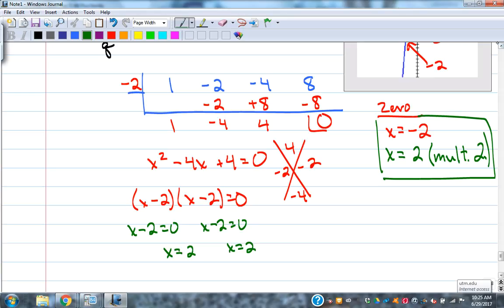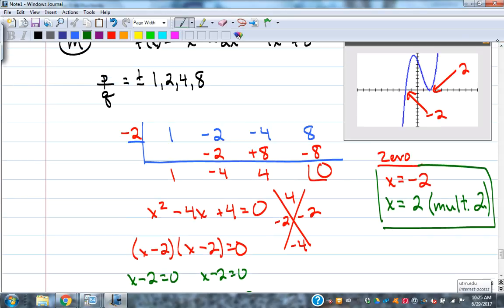What's happening at +2, it's not going through the x-axis. It's bouncing off of it. So anytime we have a repeated 0 and its multiplicity is even, then it bounces off the x-axis. If it's an odd multiplicity, then it goes through the x-axis.